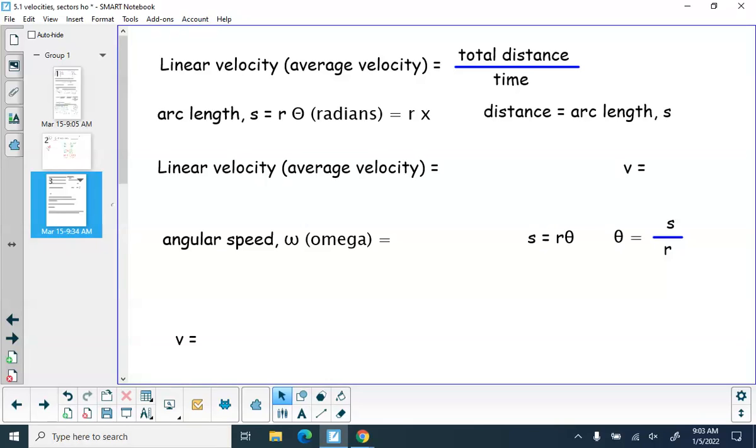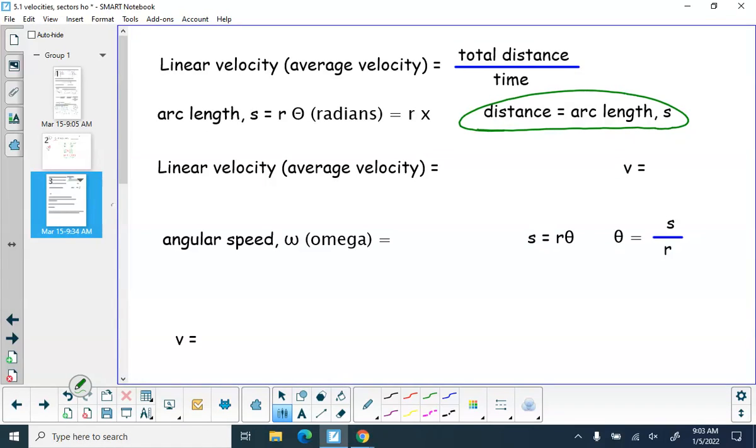When we talk about an arc length, your distance is an arc length. If I would be able to take a pair of scissors and cut the circle and straighten it out to a straight line, I can find a length to that.